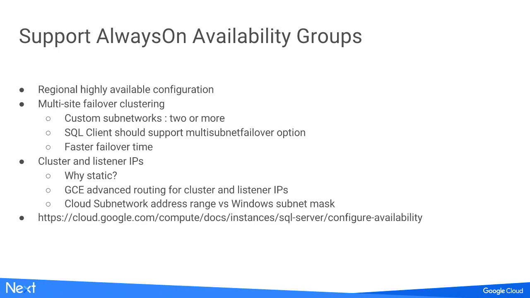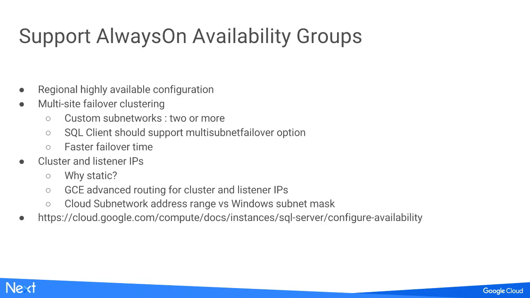The GCE network doesn't know about the virtual IPs you configure in the cluster, like the listener IP and cluster IP. So it will not automatically assign these IP addresses to your VM. That's why we need to switch from DHCP to static IP and also use routing to configure this IP address so the packet can be forwarded to the correct SQL instance.